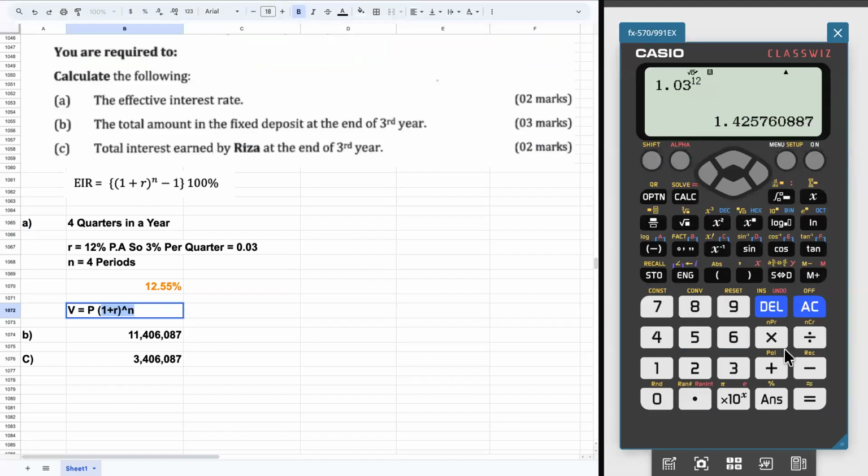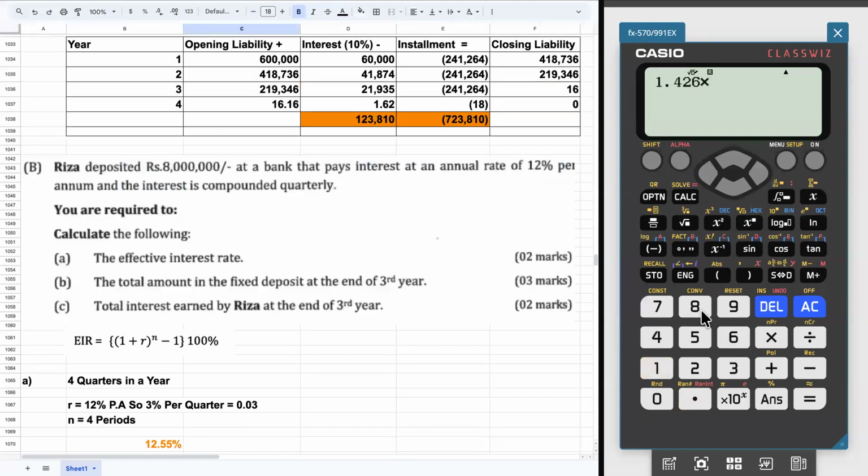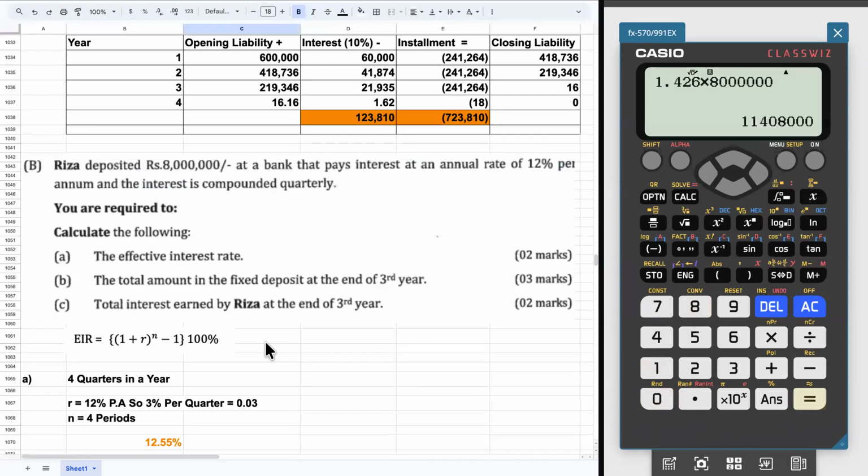So if you take this number, 1.426, and multiply by the initial value in the question, 8 million, you will end up with the same answer.